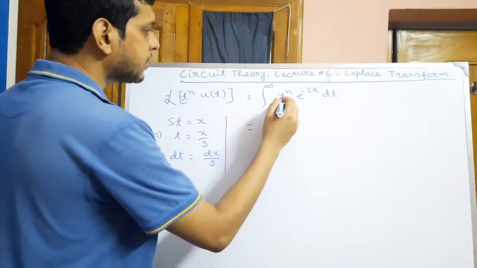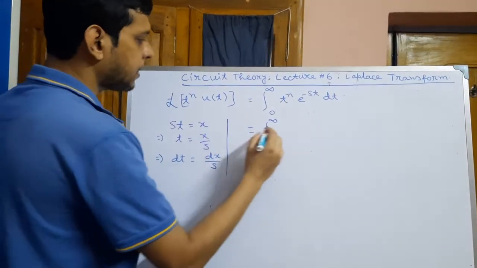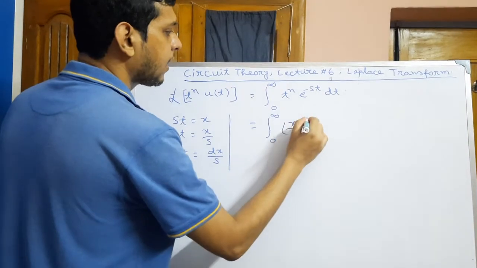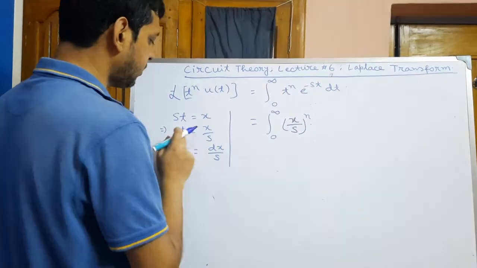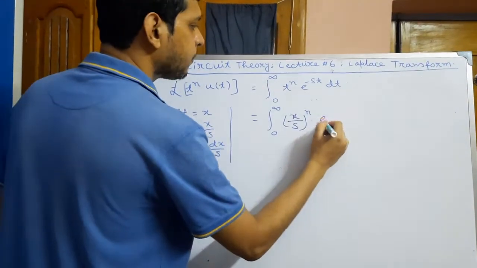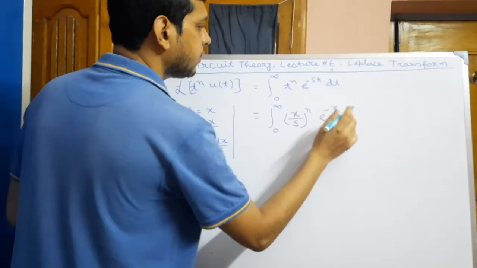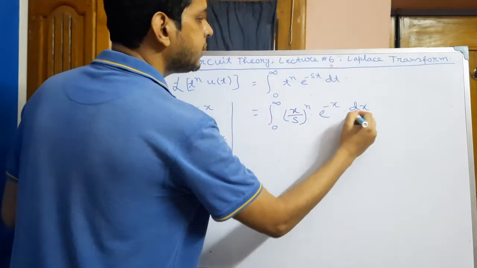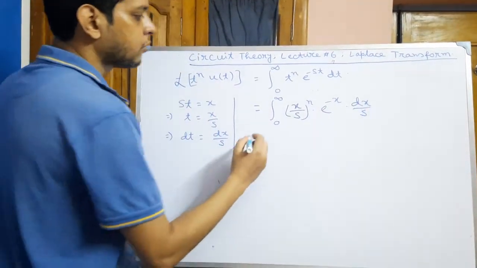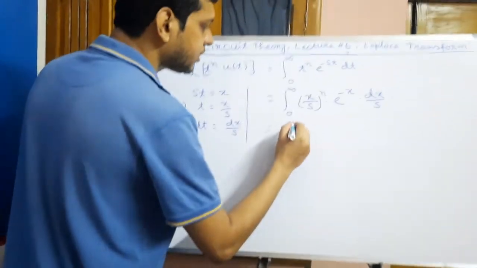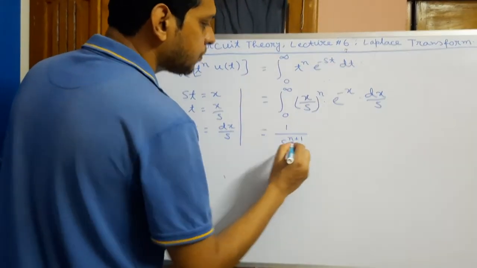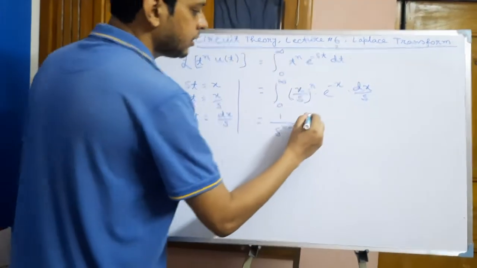Now let us replace t by x by s, and st equal to x. Here dt equals what? Dx by s. So we will get 1 by s to the power n plus 1.